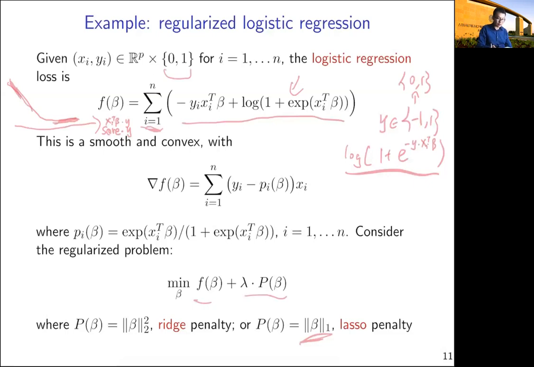Maybe if I do not want sparsity, but just want a better bias variance trade-off, I can come up with another regularization term called ridge regression regularization, which adds a quadratic squared 2 norm, which is beta transpose beta. That would make the problem strongly convex with parameter 2 lambda.